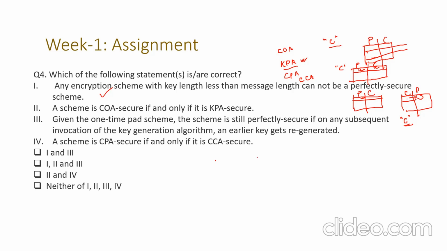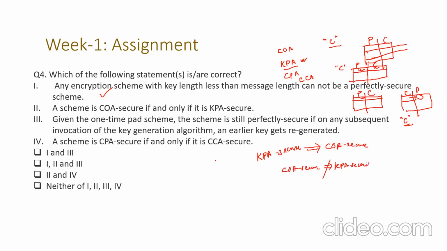So, if a scheme is KPA secure, then it surely implies the scheme is also ciphertext-only attack secure. But the other way around is not true. Ciphertext-only security does not imply KPA security.